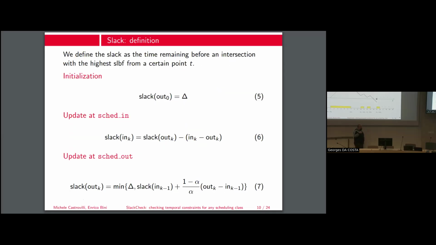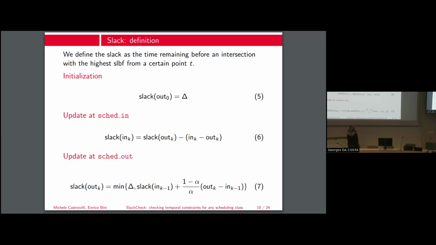When I say in and out, and I do the subtraction, it's simply the amount of time that I spent out of the CPU when I update at sched in, and at sched out, it's the time I spent in the CPU. Therefore, when I spend time in the CPU, my Slack should be higher again, because I basically get more time before I need to be rescheduled.